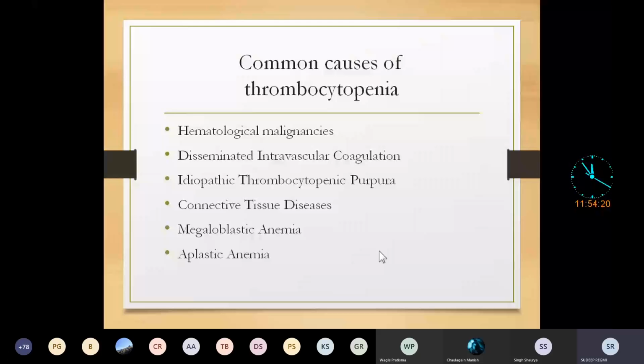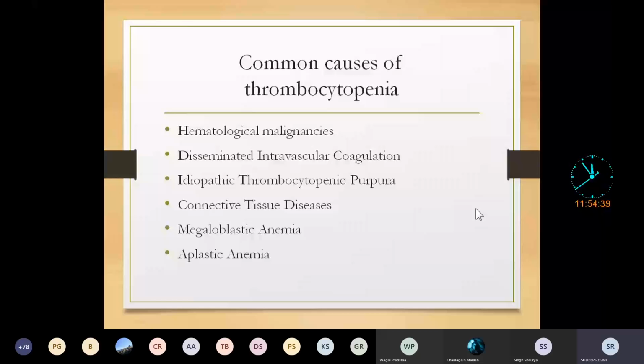The common causes of thrombocytopenia: hematological malignancies can be there, DIC, disseminated intravascular coagulation, and ITP, idiopathic thrombocytopenic purpura, these two we will be covering in the later part of the bleeding disorders.